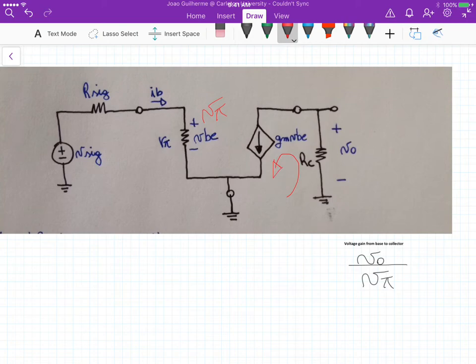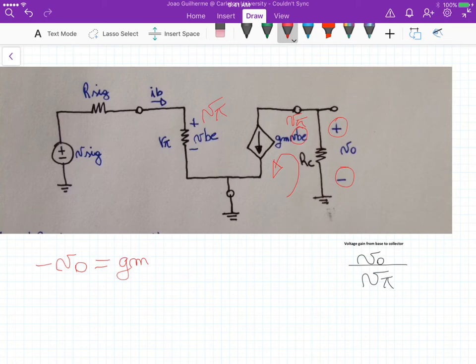Notice that I'm adopting the direction of the current counterclockwise, so it doesn't agree with the polarities of V out here. If we apply a loop analysis here, we have minus V out, which should be equal to Gm, and this one here is the same as V pi.